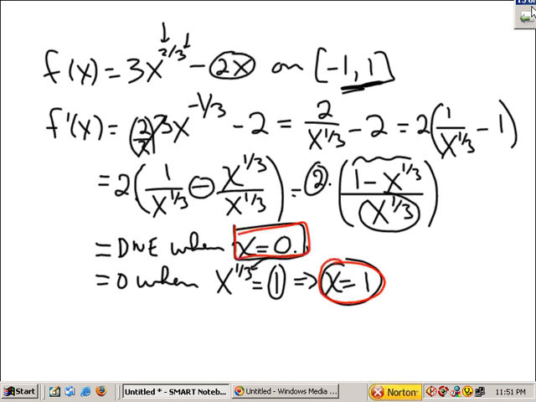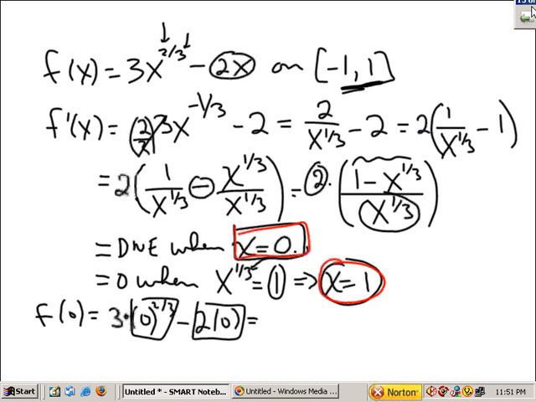Okay, so let's do this. F of 0, f of 0 is 3 times 0 to a power, which is always 0, minus 2 times 0. Well, if this is 0, then 3 times it is 0. And 2 times 0 is 0. 0 minus 0 is 0.